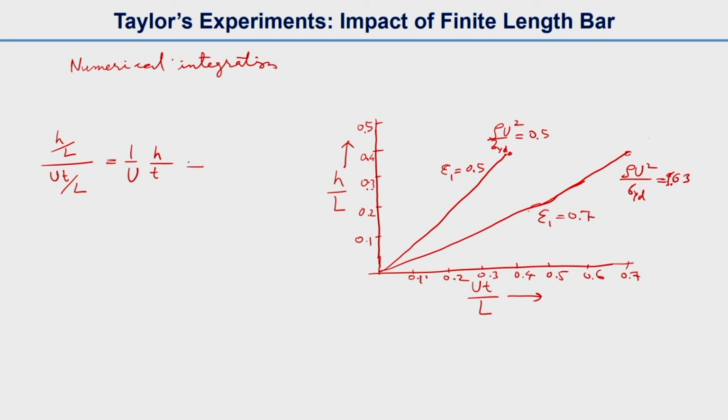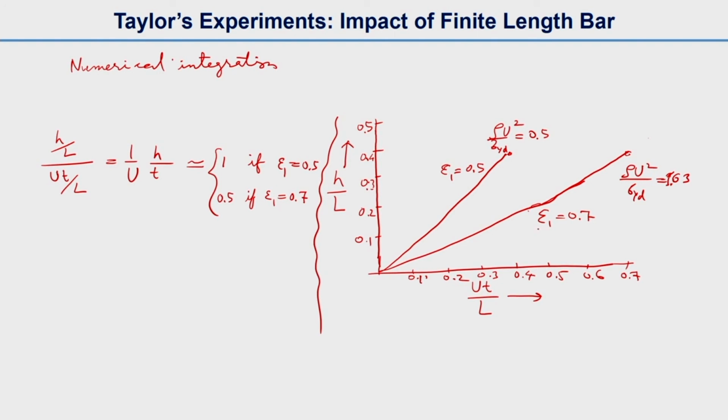This will be equal to close to 1 if strain epsilon 1 is equal to 0.5, and it will equal 0.5 if epsilon 1 equal to 0.7.